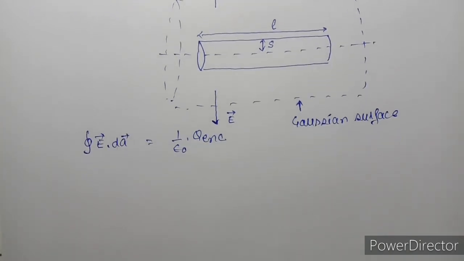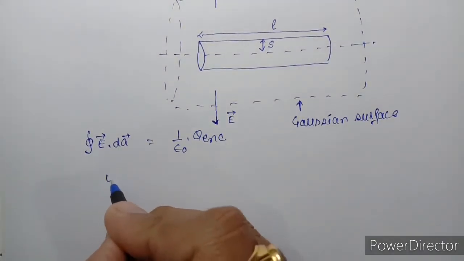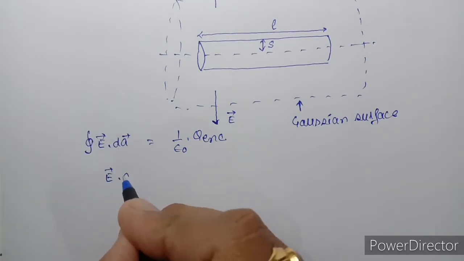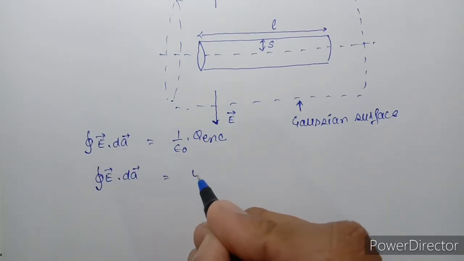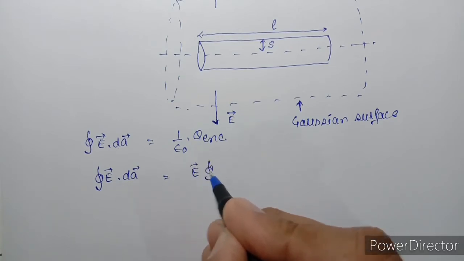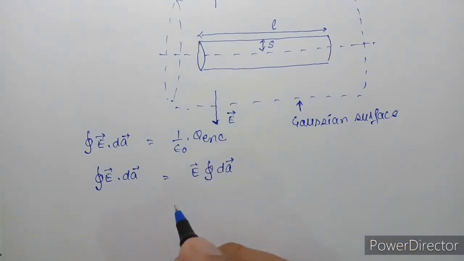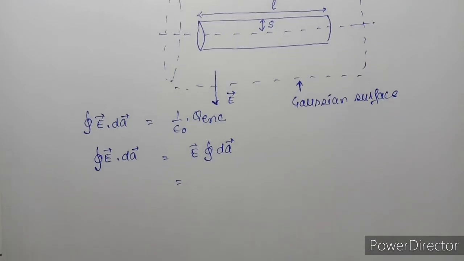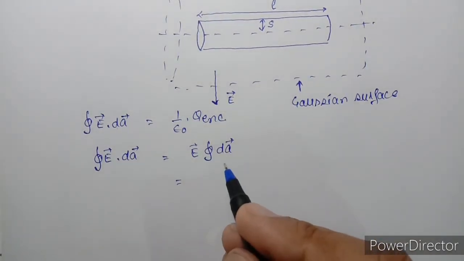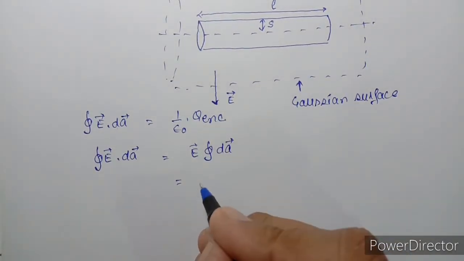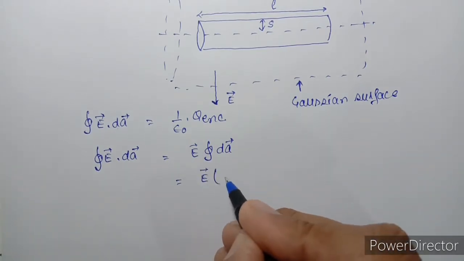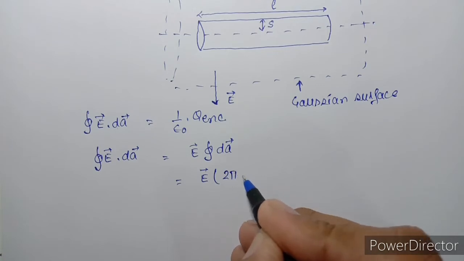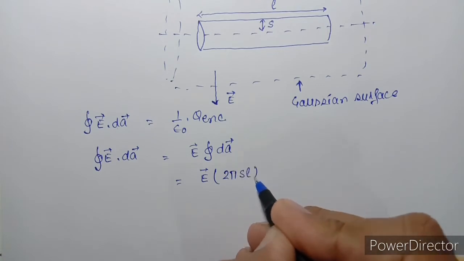So here, for E dot dA, we can write E times dA, the surface area of the cylinder, which is equal to 2 pi sL.